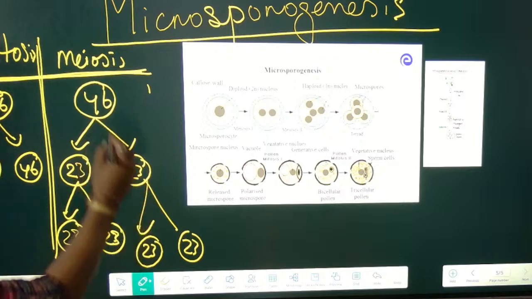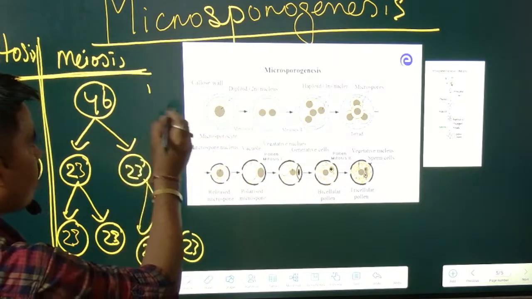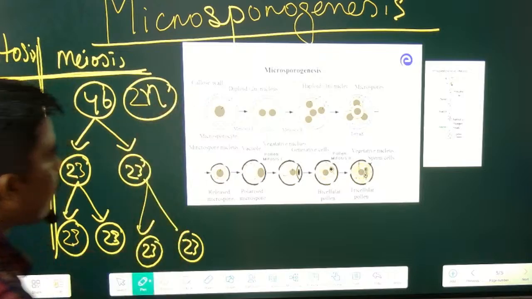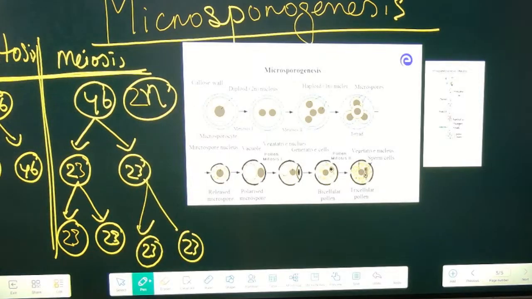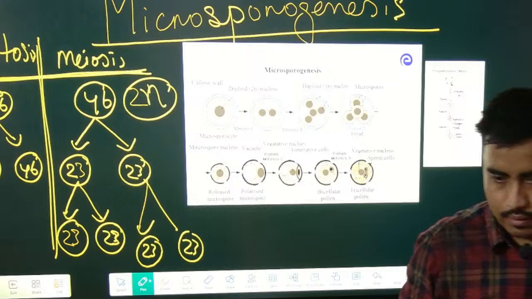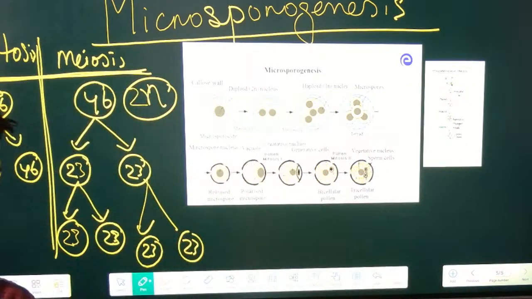So as we have learned 2n and 1n, what does 2n mean? Diploid. Diploid means the number of chromosomes of a somatic cell. Somatic cells means the cells of our bodies, like in hair, nails, muscles, internal organs and all. And generative cell or reproductive cell means the cell of gametes, or gametic cell.